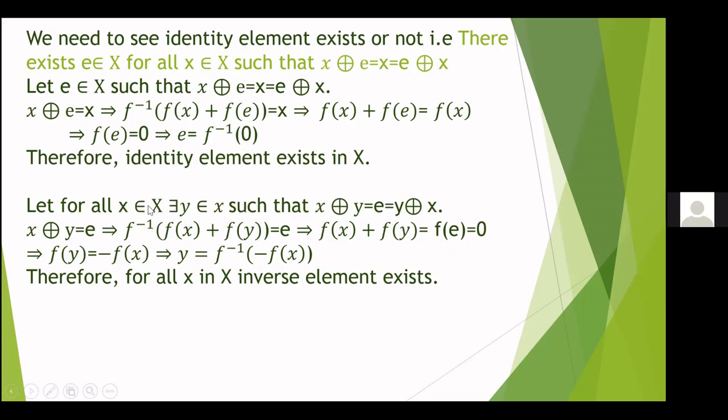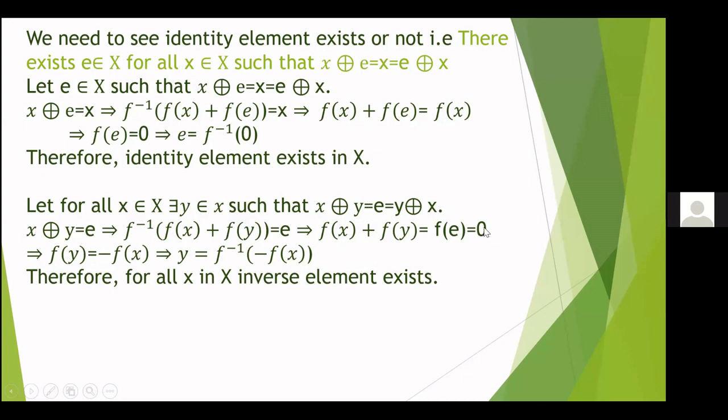So here I take x belongs to X and I take y belongs to X such that x plus y will be equal to e. Then I apply the operation between x and y and I get f inverse of fx plus fy is equal to e.